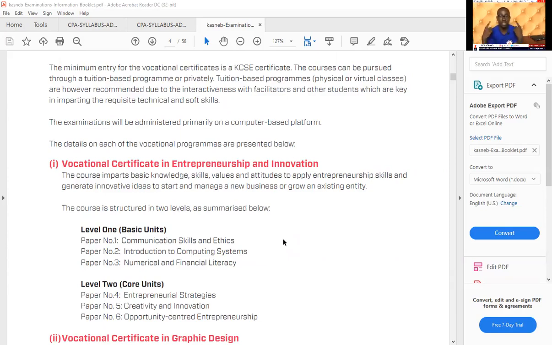We are going to be trained to reason like entrepreneurs, and on how we should think when it comes to entrepreneurship and innovation, which is very good for this young generation of ours. So we'll be having a certificate in entrepreneurship and innovation.